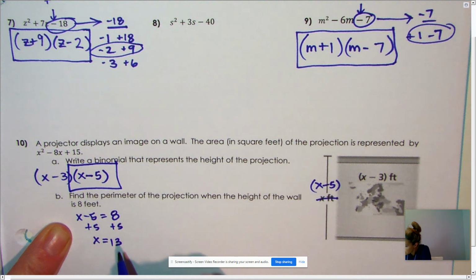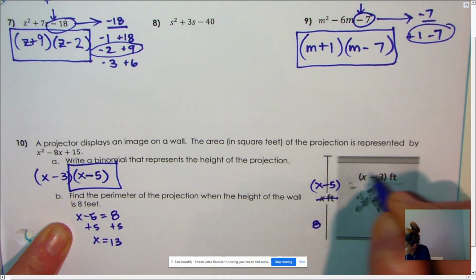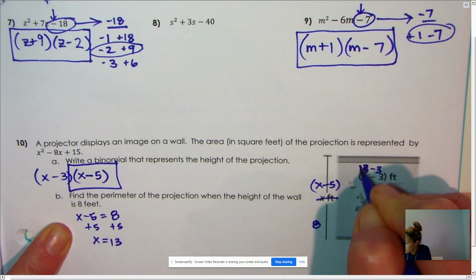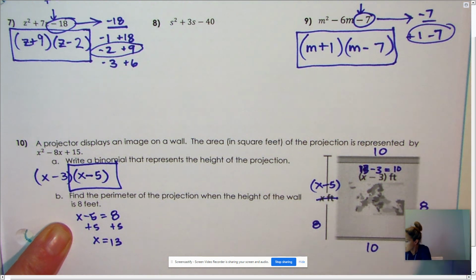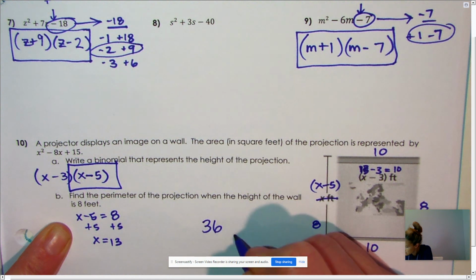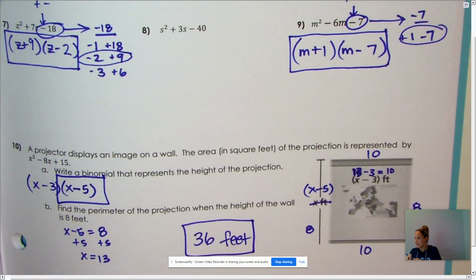So if this is 8 and this is 8, then the width is x minus 3. So 13 take away 3 would be 10. So if this is 10 and this is 10, the perimeter's just add up all the sides, okay? So then we would say 10 plus 10 is 20, 8 plus 8 is 16, 20 plus 16 is 36 feet. All right, and that is it.